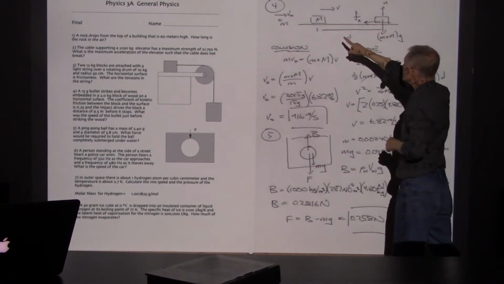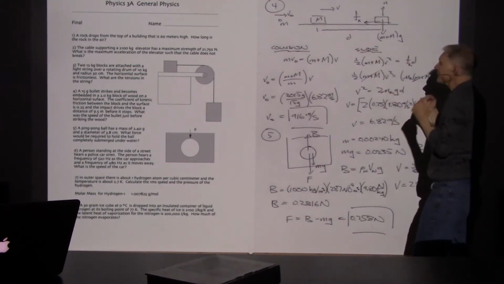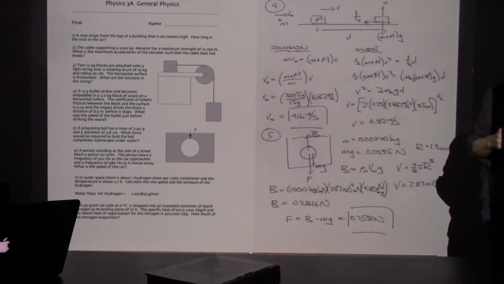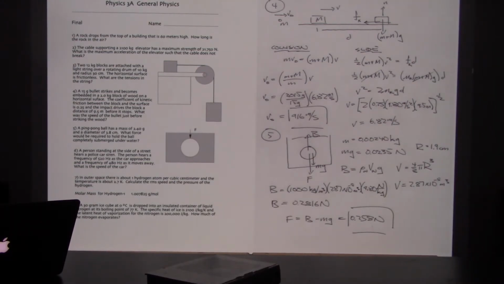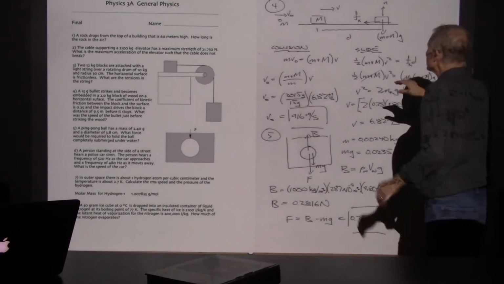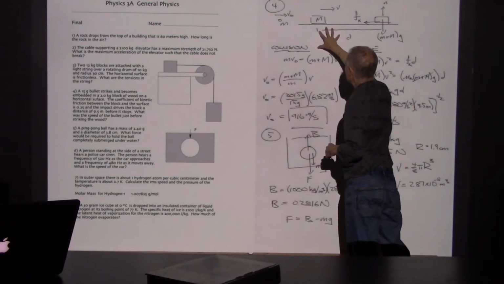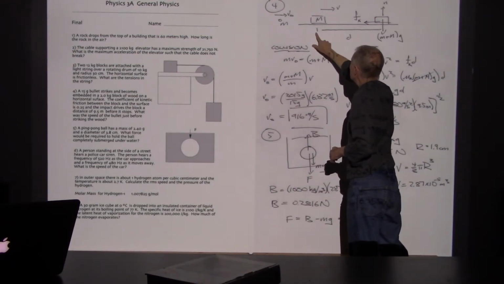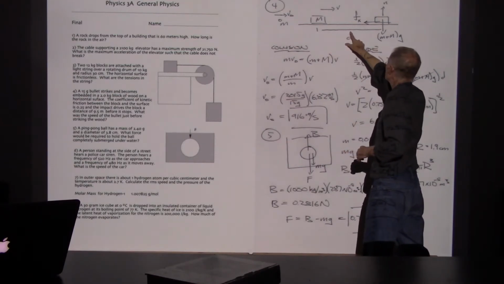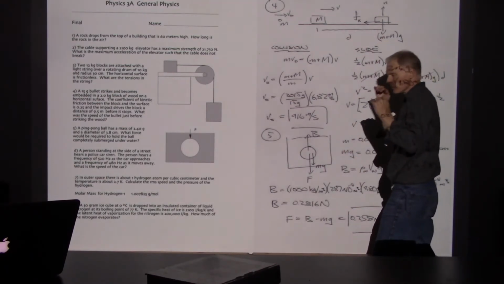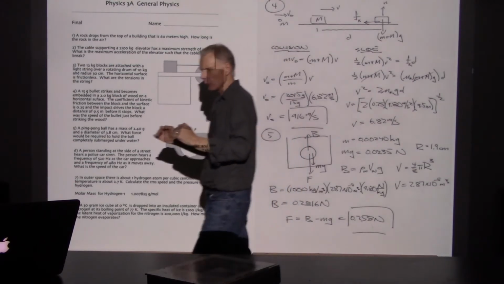So once the collision has taken place, then we can use energy conservation. What we can say is that the kinetic energy still available after the collision is all going to go thermal as the block slides along the surface.